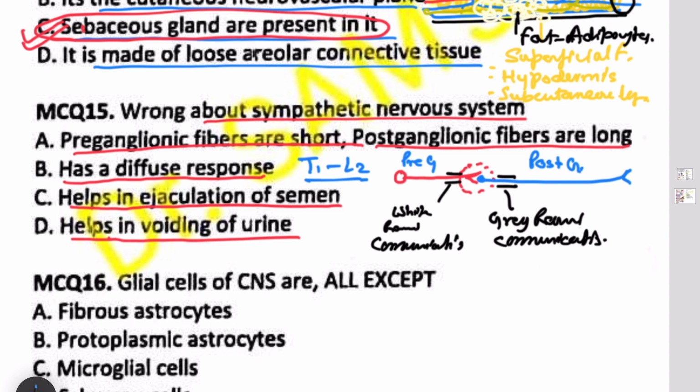The preganglionic fibers might ascend up into the cervical region, or they might descend into the lower lumbar and sacral regions as well, because the postganglionic fibers emerge with their corresponding spinal nerves.